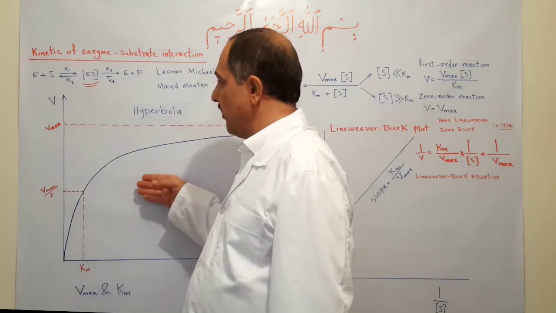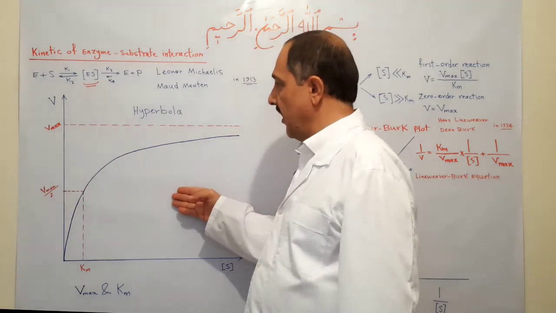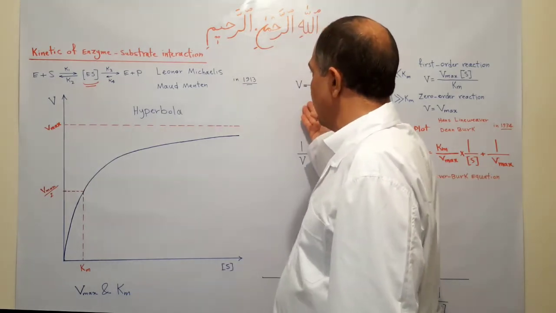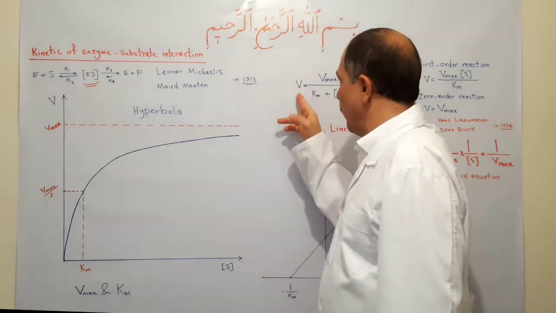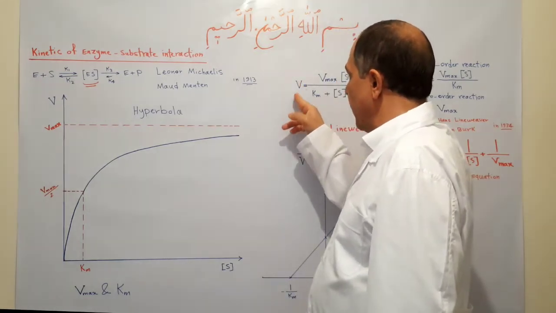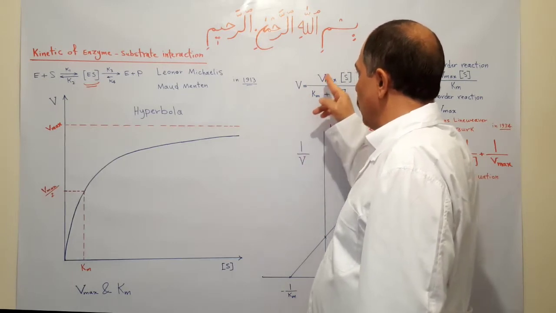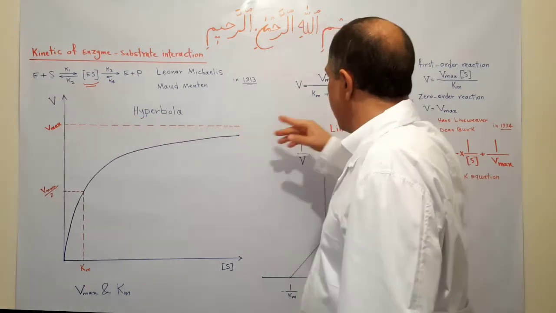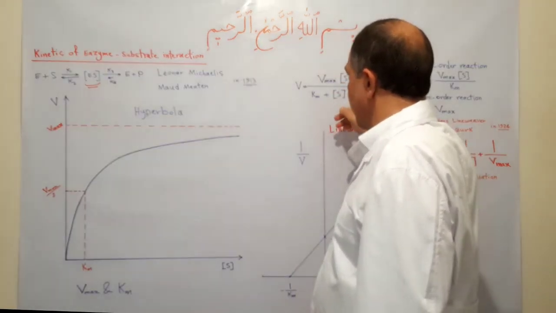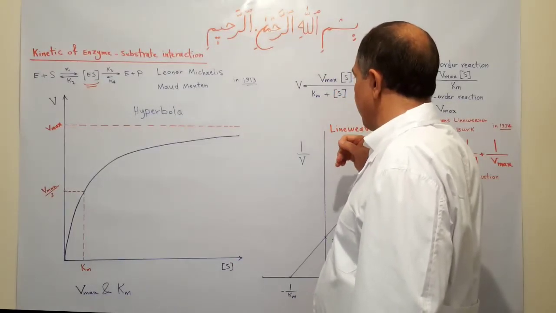This plot is also called Michaelis-Menten plot, and respective equation is called Michaelis-Menten equation, in which V or velocity or rate of single substrate enzymatic reaction is equal to Vmax or maximum rate of enzymatic reaction multiplied by substrate concentration divided by Km plus substrate concentration.